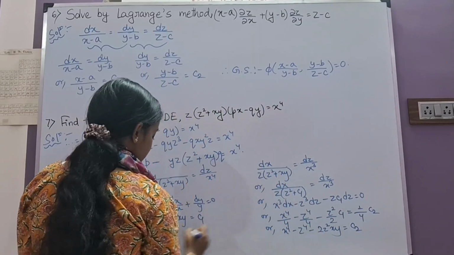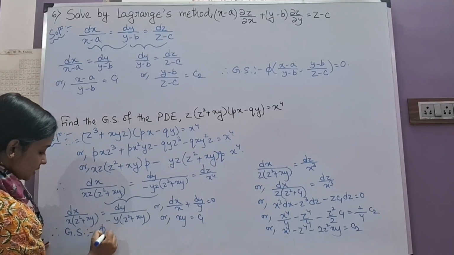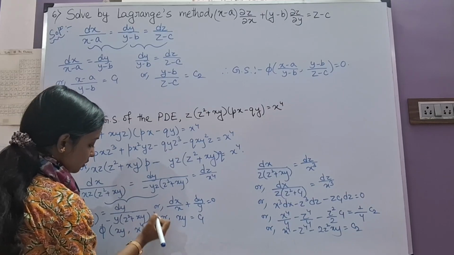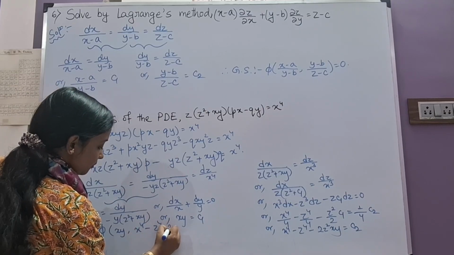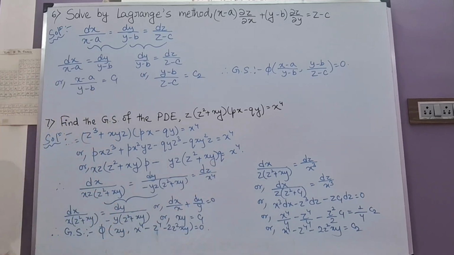So what is the general solution? Phi of (xy, x to the power 4 minus z to the power 4 minus 2z squared xy) equal to 0.